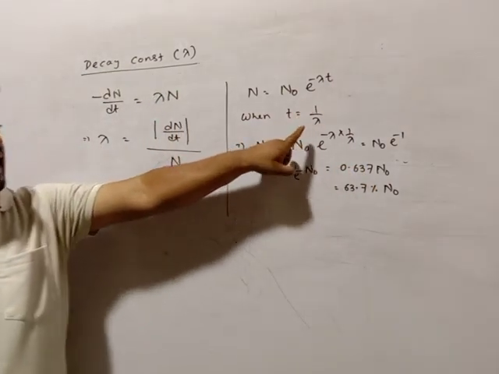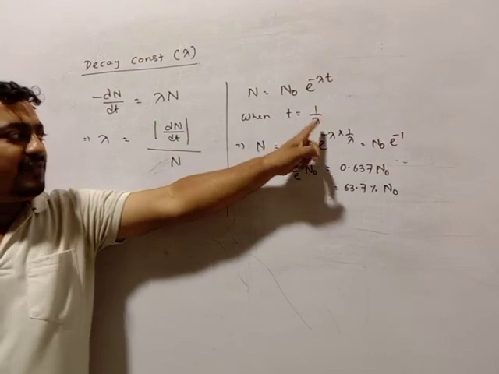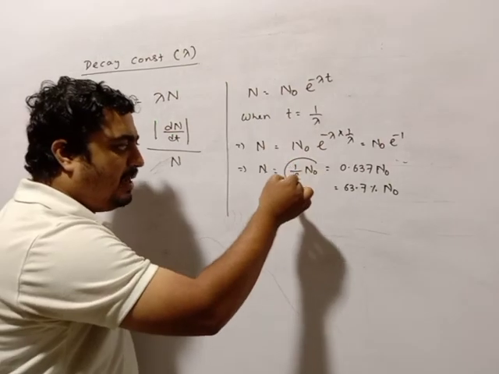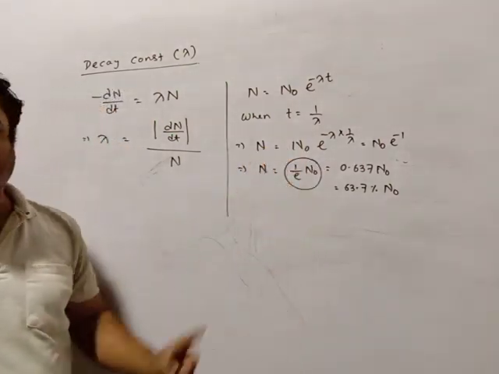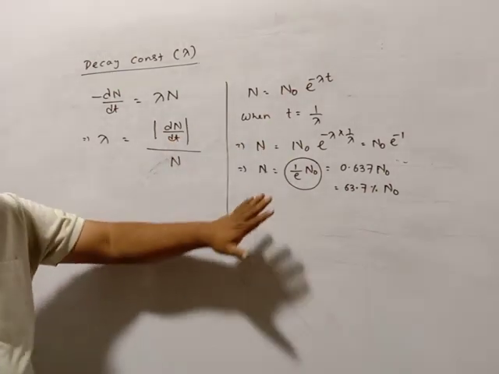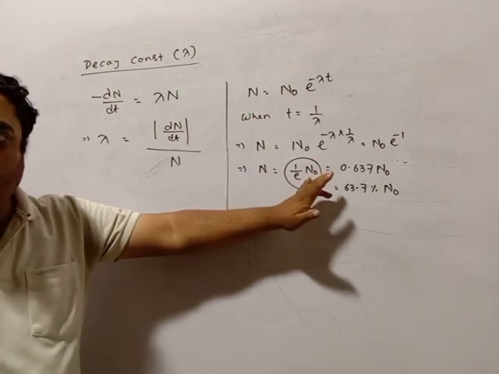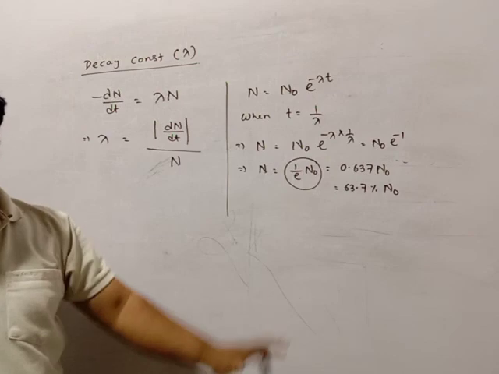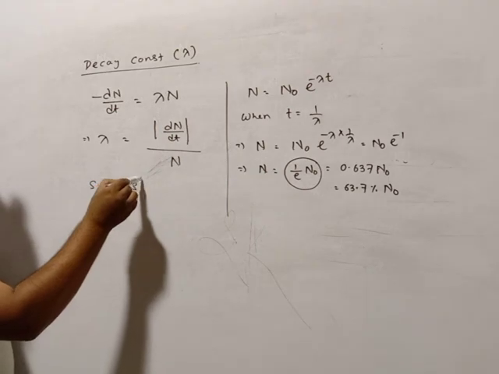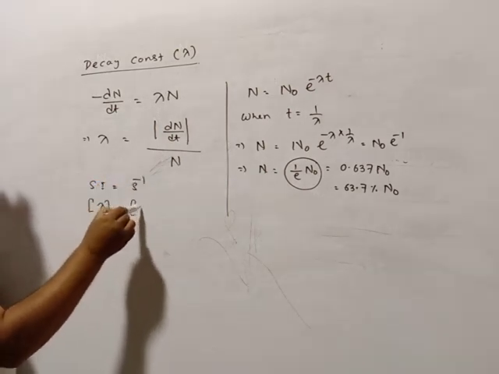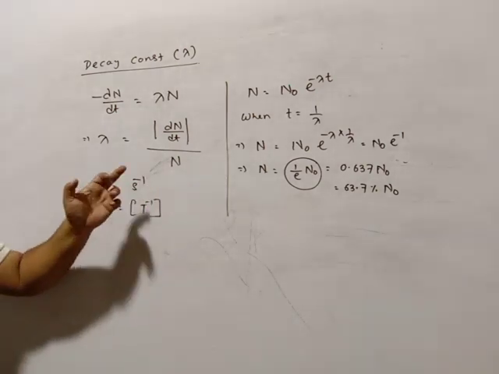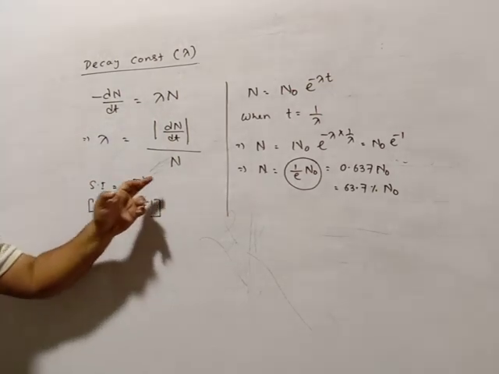So we can define lambda as the reciprocal of the time after which the number of radioactive nuclei becomes 1 by e times its initial value. Its SI unit is second inverse, and its dimension is T to the power minus 1. Practically, we can say it is minute inverse, hour inverse, day inverse or year inverse.